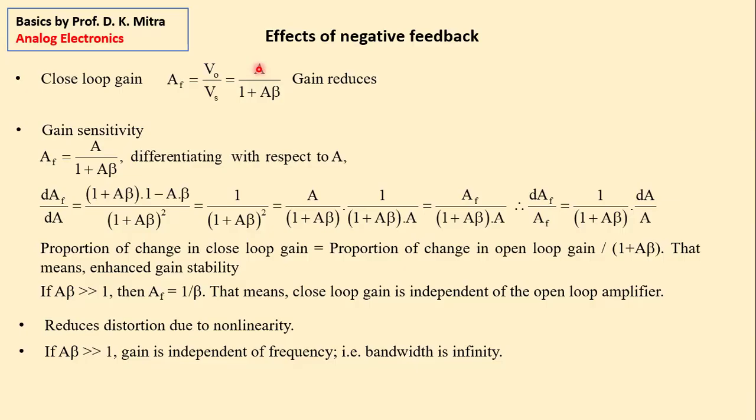That means you have an infinite bandwidth, up to megahertz, gigahertz bandwidth, provided you can make a very good design of the feedback circuit, with no reactive element, only resistive elements. Then your amplifier closed loop gain becomes independent of frequency. You don't have to bother about the bandwidth.